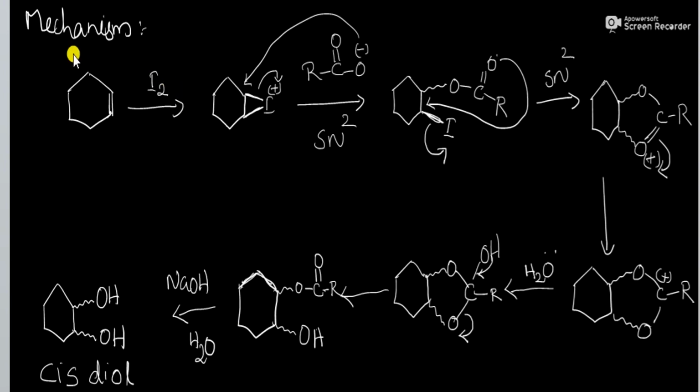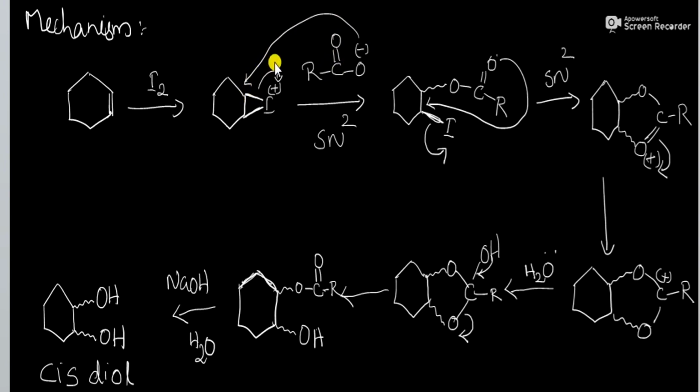Then consider the mechanism of Woodward oxidation. Here also the first step is iodination using iodine, and it will form iodonium ion either in upper phase or in lower phase. Here we select upper phase iodonium ion. Then second step is SN2 attack of carboxylate anion. Obviously, this nucleophile attacks through sterically free phase, that is through lower phase.